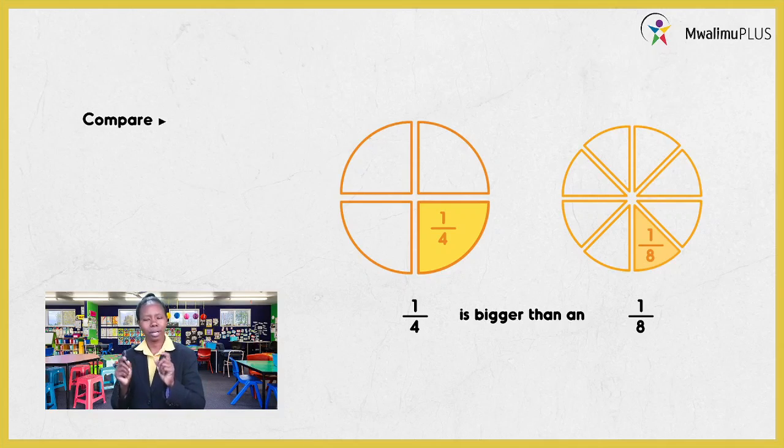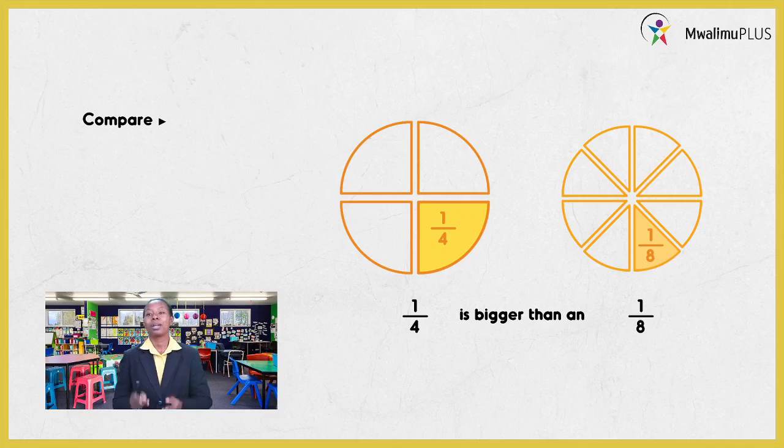So when you look at it, which one is bigger than the other one? Good. The quarter piece is bigger than the eighth. Why? When we take the eighth, you will have how many pieces in that one quarter? Very good. We'll have 2 pieces. We can make 2 pieces out of the quarter piece.